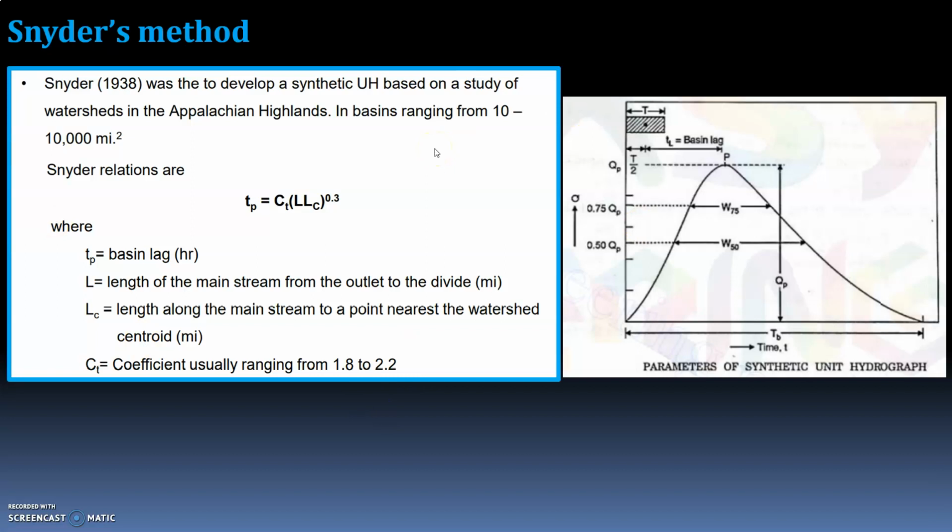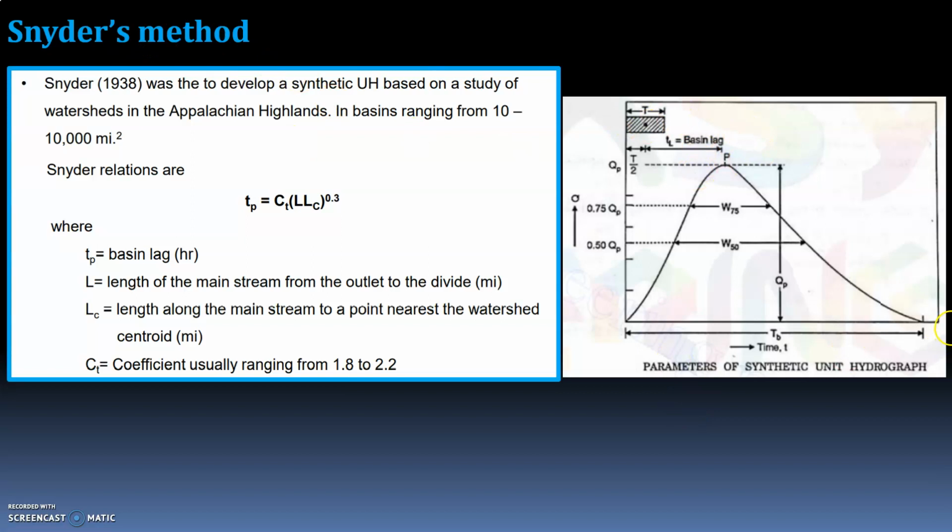That equation is TP, or in some textbooks it is written TL also, equal to CT into L into LC to the power 0.3, where TL or TP is the basin lag in hours, CT is a coefficient depending upon units and drainage basin characteristics, L is the distance from station to catchment boundary measured along the mainstream, and LC is the distance along the mainstream from gauging station to a point opposite to the centroid of the watershed.